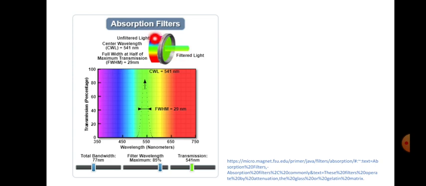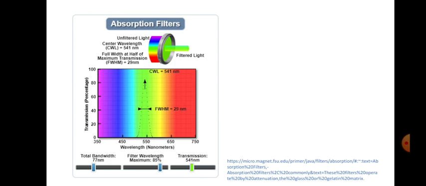On the left hand side the unwanted radiation, the colored light, has been filtered and only the required light is passing. So you can select what bandwidth you require, what filter wavelength maximum you require, and what kind of transmission you require, which will be going through the sample. You can just move these left and right and adjust it.